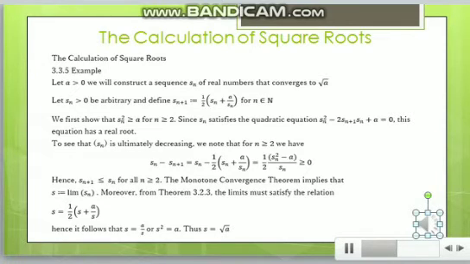To see that S_n is ultimately decreasing, we note that for n ≥ 2 we have S_n − S_{n+1} = S_n − 1/2 (S_n + a/S_n) = 1/2 (S_n² − a)/S_n ≥ 0.